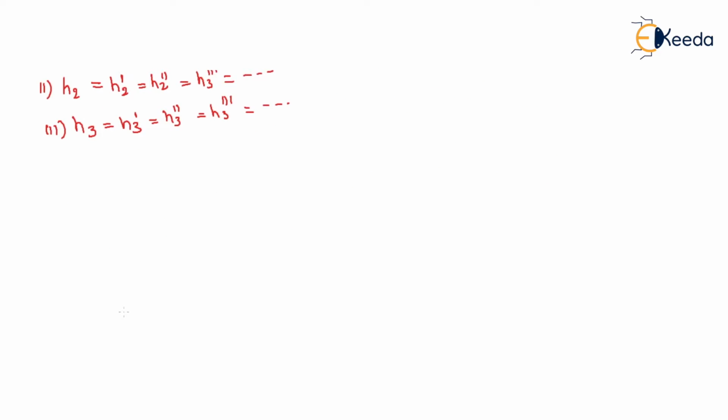So if you plot, we draw a plot like that. This is your temperature and pressure. Mind it, in the throttling process, the pressure will always reduce.